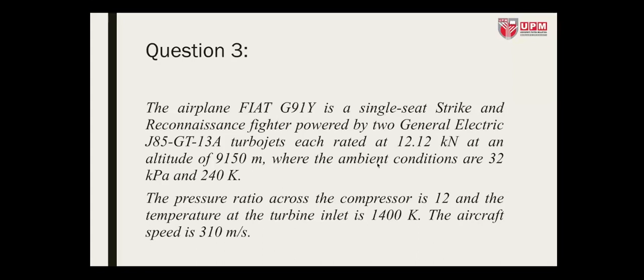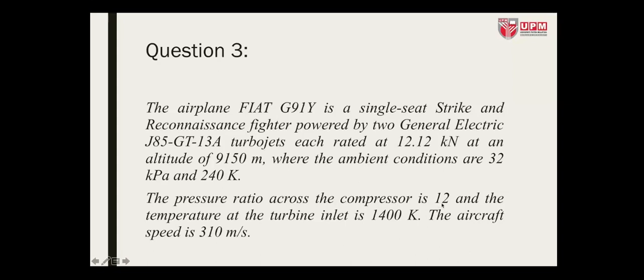Sea level condition will normally be given in the formula sheet, with values of the temperature as well as the pressure at sea level. But here it is given at an altitude of 9,150 meter. It also provides us with the pressure ratio. The pressure ratio for the compressor is 12.